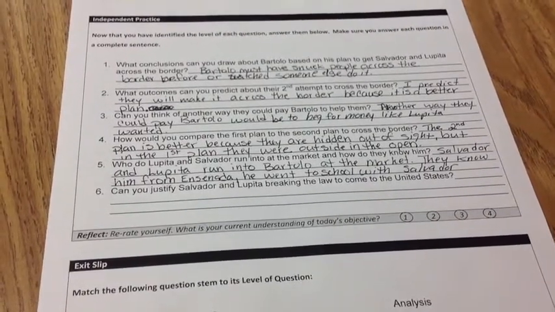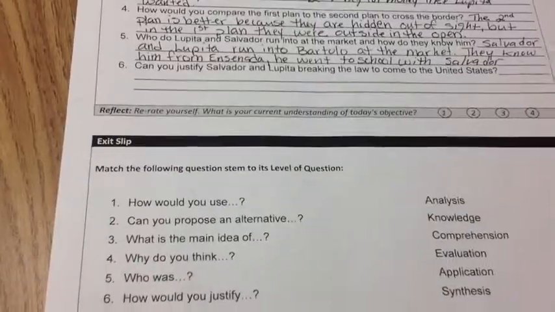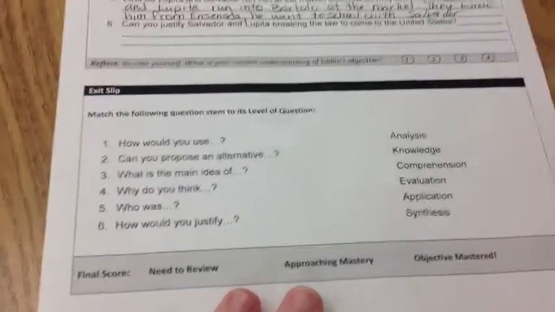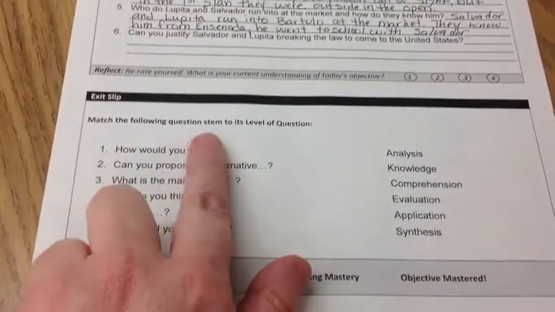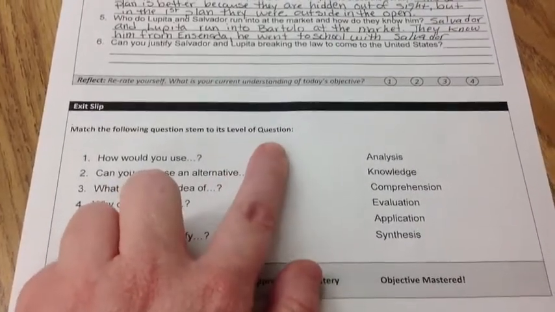Once you're done copying down or correcting your answers, go ahead and turn to the exit slip. For the exit slip, you're going to do this independently. I'm not going to help you with this part, but that's okay. I know you can do it. I want you to match the following question stems to their level of question.